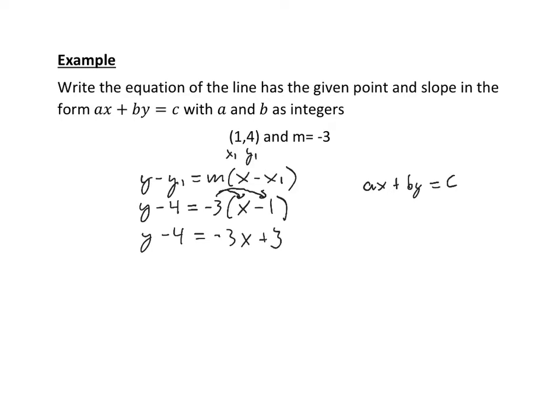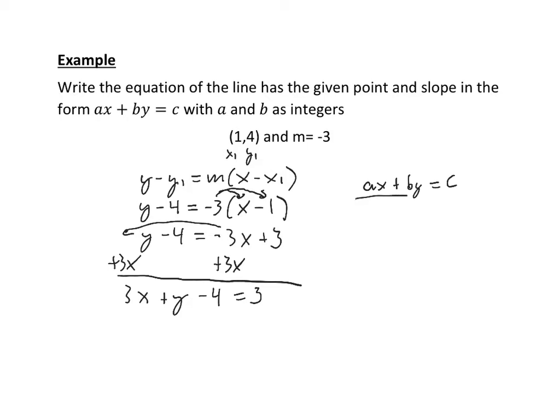Now the next thing that I notice, I want ax and by to be on the same side. So I'm going to move this negative 3x over to the other side by adding 3x. So far I've got a positive 3x, a positive y, a minus 4 equals 3.